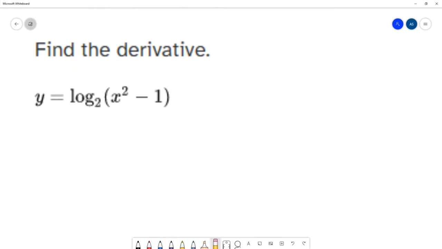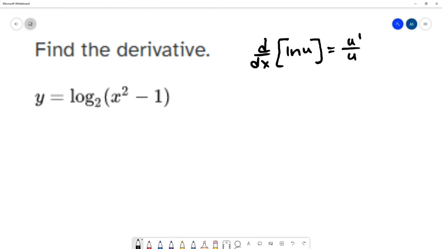Some rules that I know about logarithms, and then I can rely on the derivative rule that I do have memorized in general, and that is that the derivative of natural log u is u prime over u. So this is the log rule for derivatives that I always keep memorized.